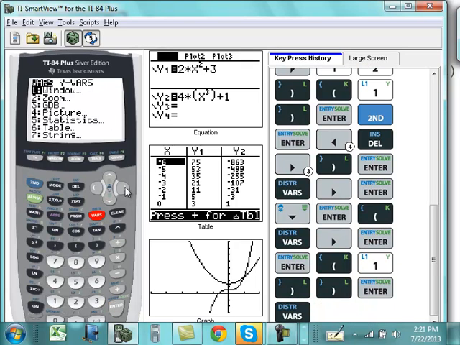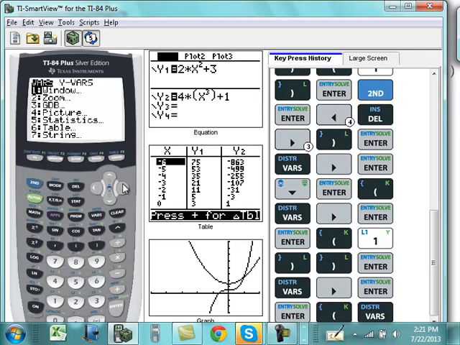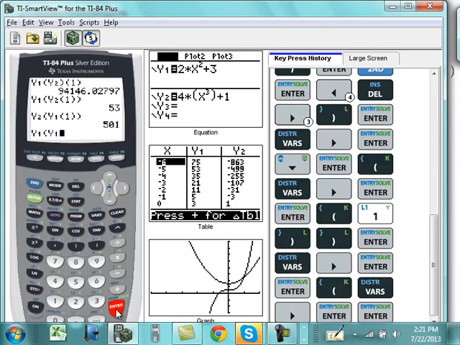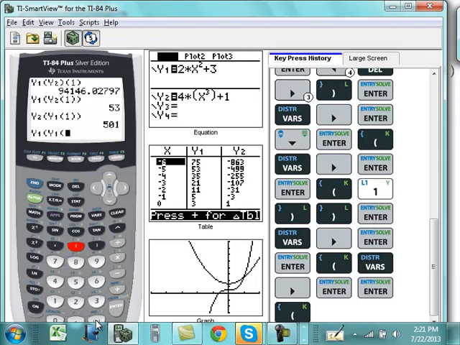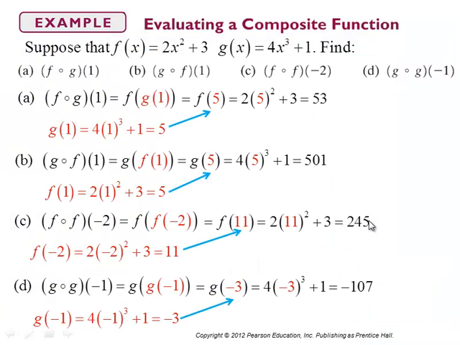Variables, y variables, function, y sub 1 of y sub 1 of -2, close parentheses, close parentheses. And that gave us 245, which is the same thing.